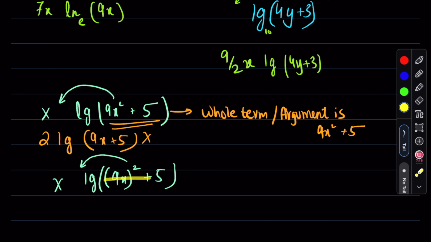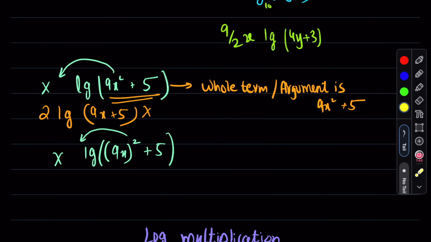Again, our whole term is (9x) whole squared plus 5. The power should have been here, right? If it was here, then we could have sent the 2 backwards, and it would have been an entirely different thing.